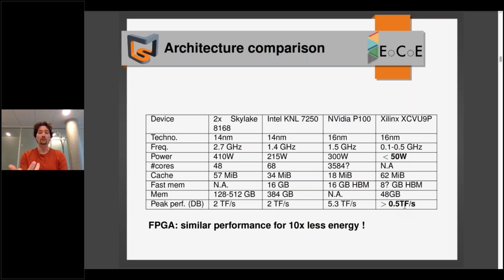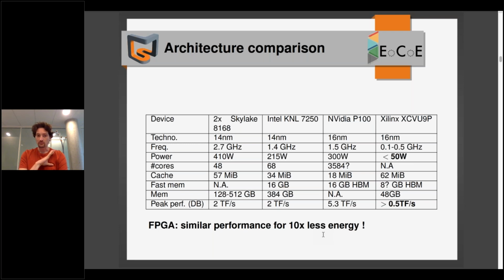The peak performance, even if peak performance for FPGA doesn't make that much sense, is in the same kind of range as processors. The frequency is not fixed. It's really something that is part of the design of your application, and it influences the peak performance and the energy budget. And from the memory point of view, we have similar numbers, so no big difference here.